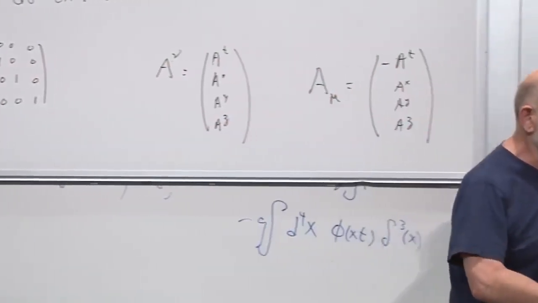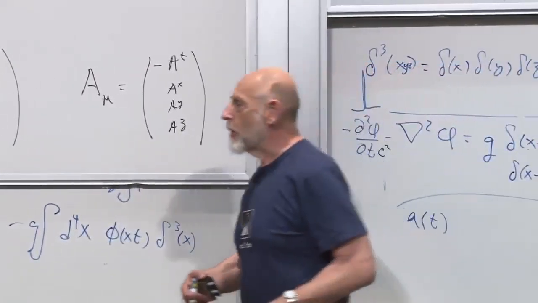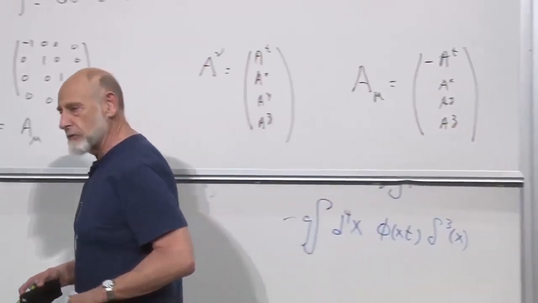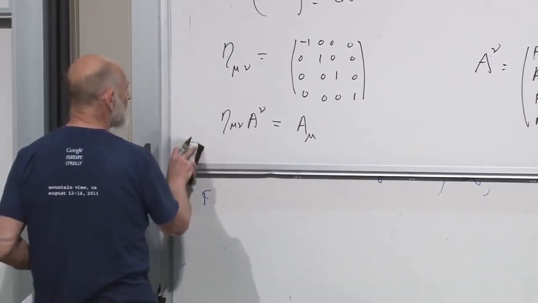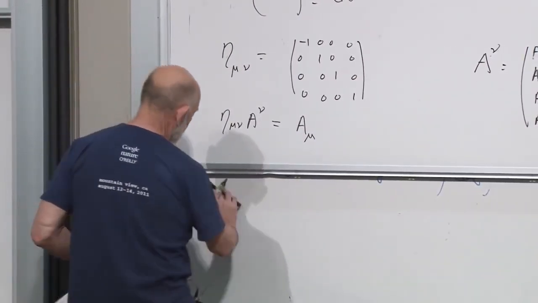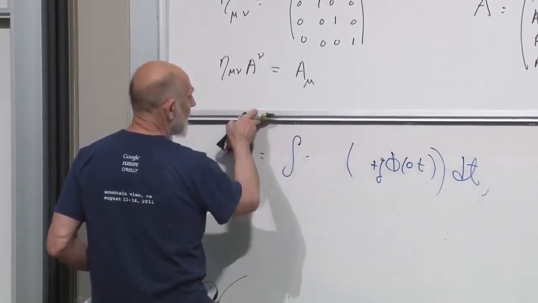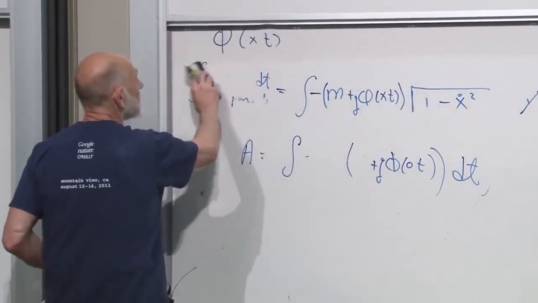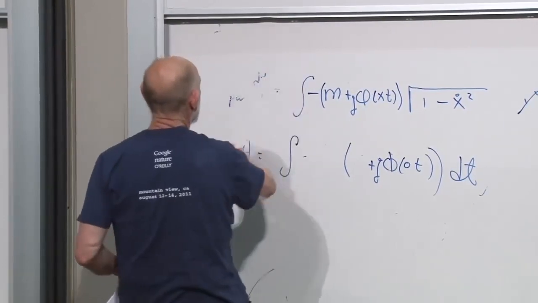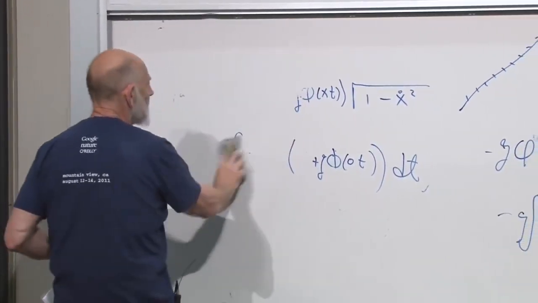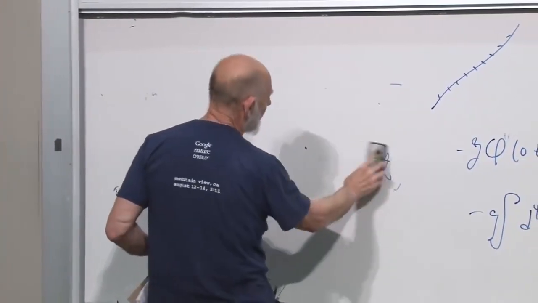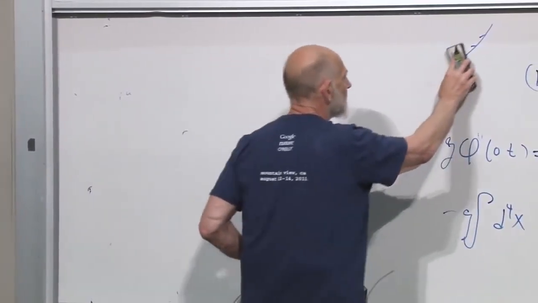So whenever you see a repeated index, as long as one of them is upstairs and one of them is downstairs, don't bother writing the summation sign. It's implicit in the conventions and in the notation. All right, so this operation here just has the effect of changing the sign of the time component.